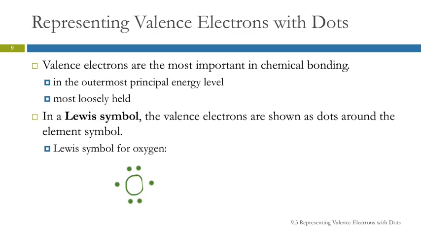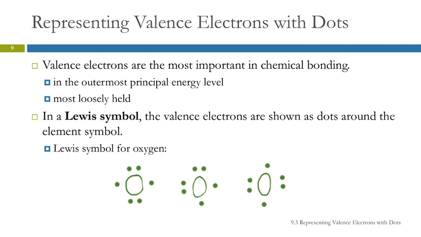So we don't care exactly where. You could do it like this. We're not going to be picky about what side they're on. But we're going to put them just on the top, the bottom, the right, or the left.